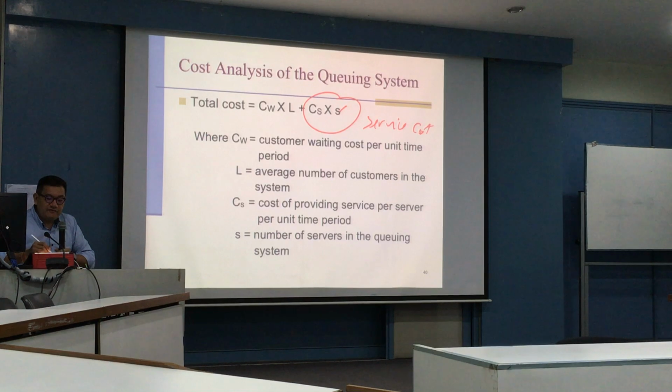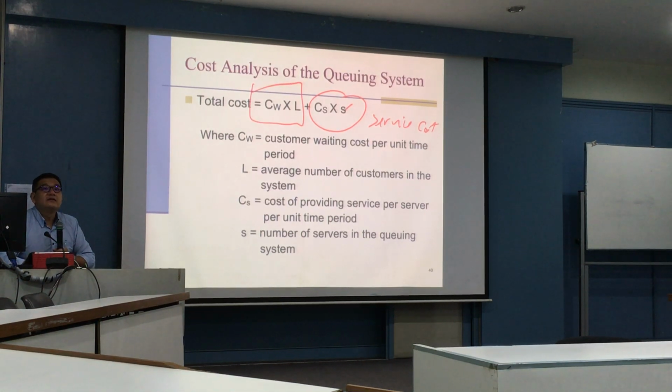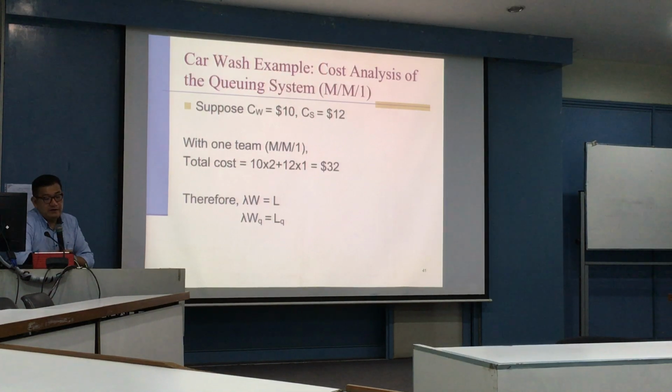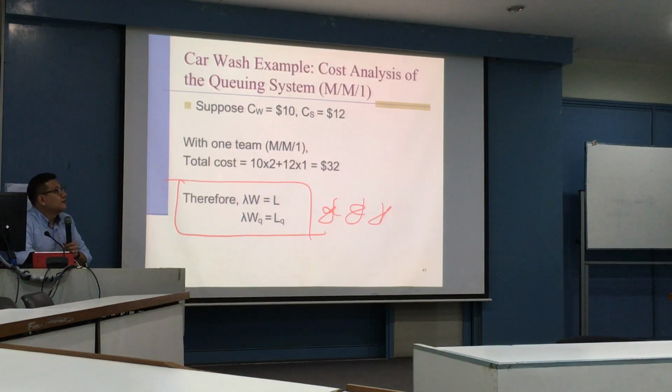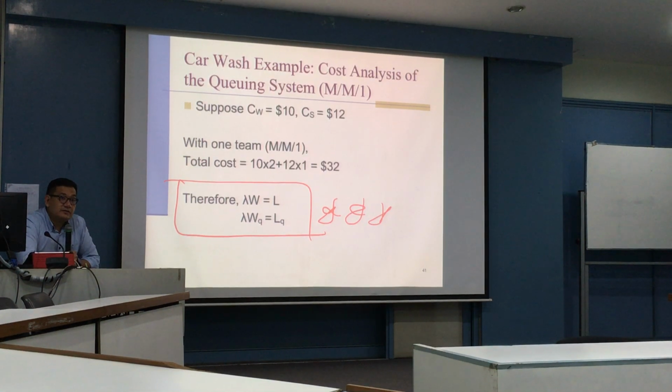The difference is just the waiting cost. In this formula, instead of using lambda multiplied with W or WQ, we're going to use L or LQ, because actually this relationship is real. Lambda multiplied with W equals L. Lambda multiplied with WQ equals LQ.